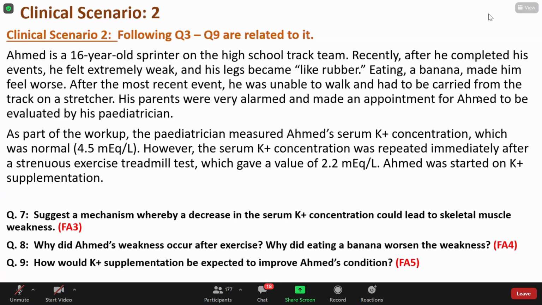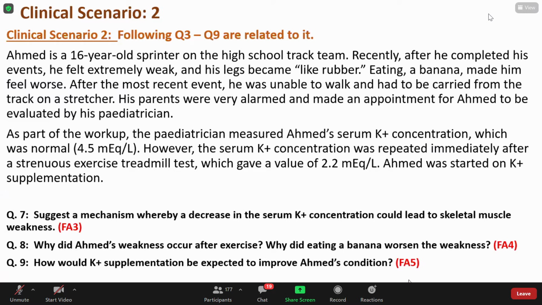Yes, because banana is also rich in sugar, so insulin would have a role in this. Very good.